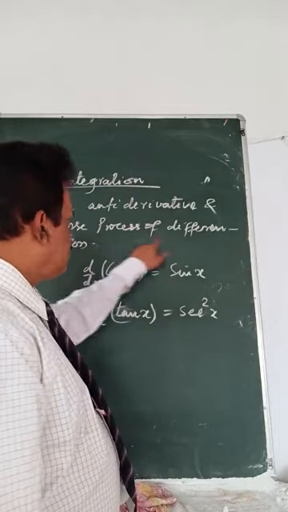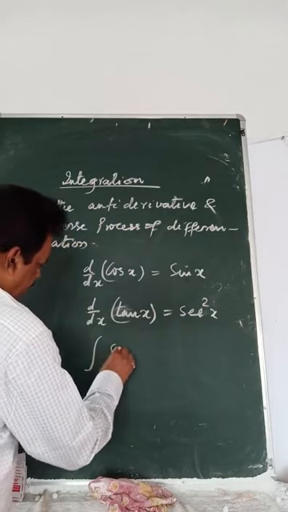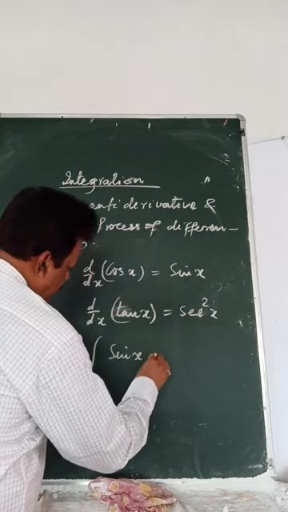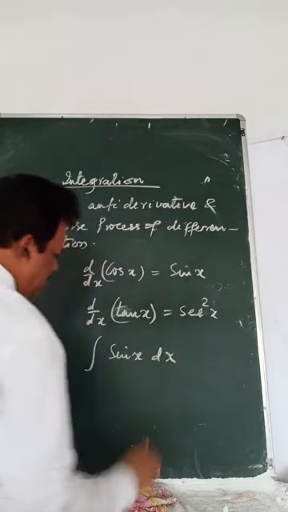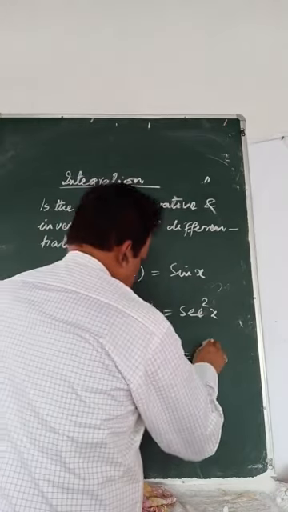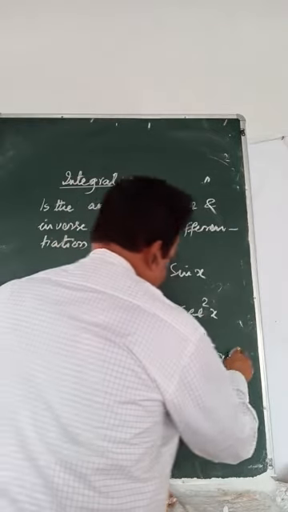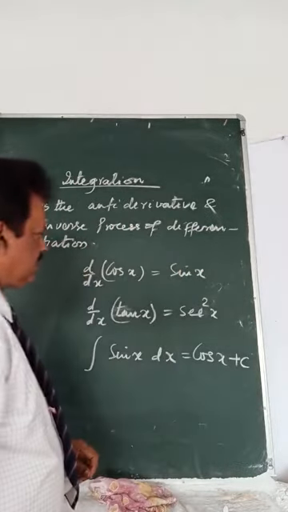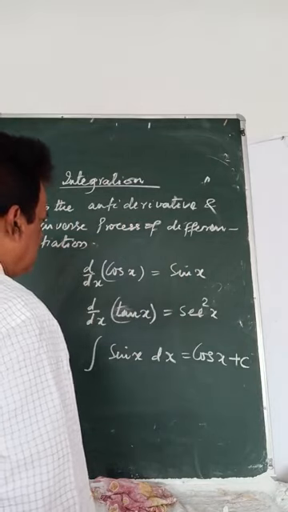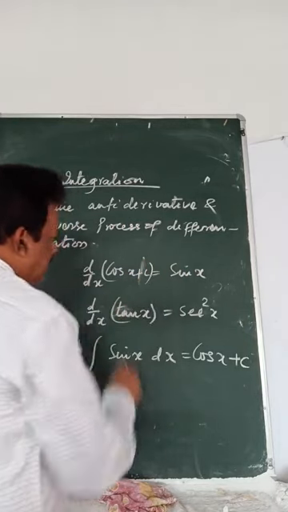It is an inverse process, meaning you write integration of sin x with respect to x is cos x, because you are taking an indefinite integral, cos x plus a constant c. Why constant c? Because the derivative of a constant is 0.